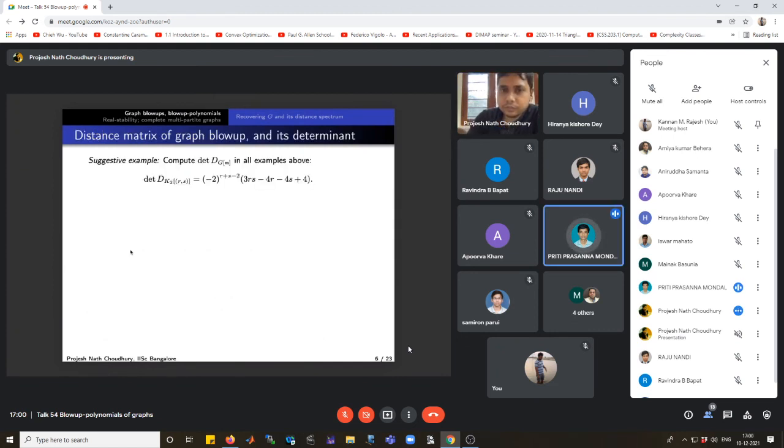Yes, this is the determinant. So we know the distance eigenvalue of the cycle of even order is 0, so here the determinant must be 0. So how can I get 0?